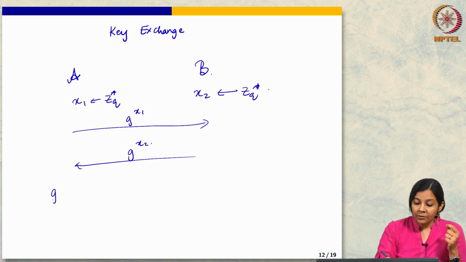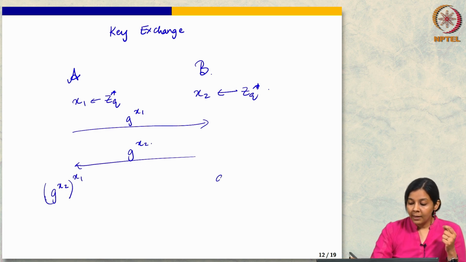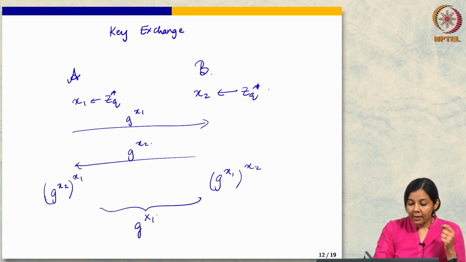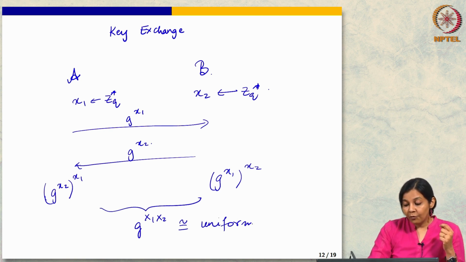Now, given G to the x2, I can raise this to the x1, and given G to the x1, you can raise this to x2, so that both of us get G to the x1 x2, and the DDH problem tells us that this is indistinguishable from uniform.